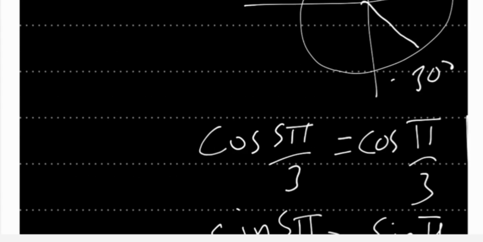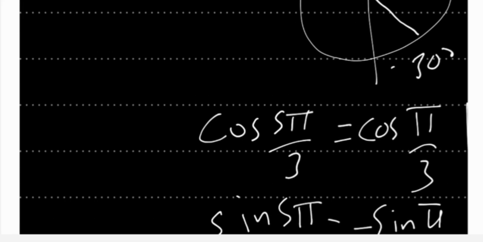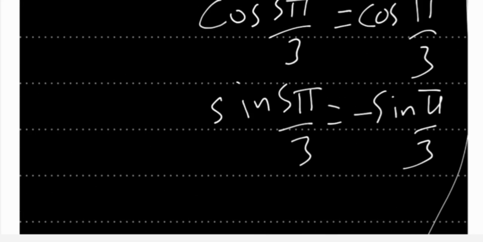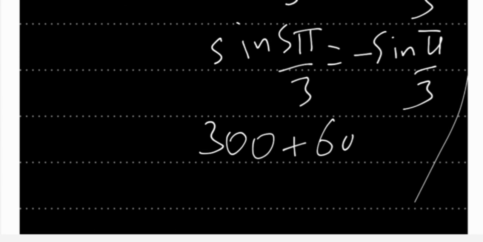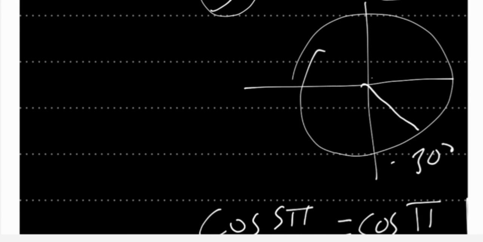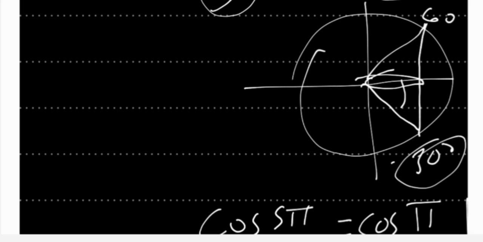And why is it equal to the 60 degrees? Because when you sum 300 plus 60, you will get a full circle, 360. So it's like you can move upwards or downwards. If you move up, you get the 60 degrees. If you move down, you get the 300, but the cosine is the same. This is the cosine line.